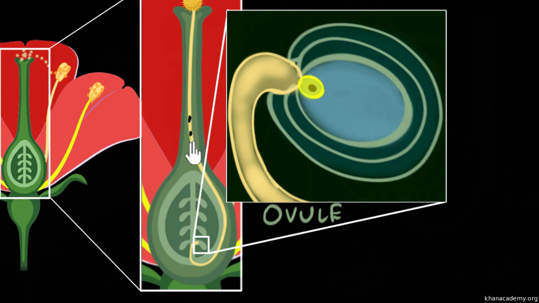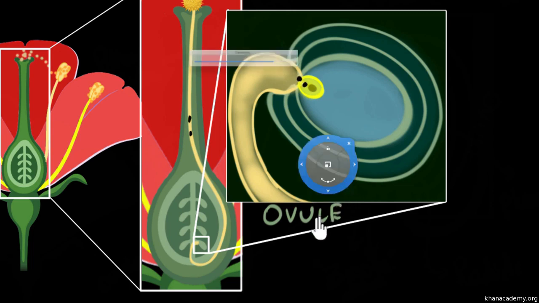And so now from this pollen tube, the sperms are coming in. So let me just draw those sperm cells. So these are the nuclei of the sperms. They will move, and eventually the pollen tube guides them into the ovule. Now what happens? Well, one of the sperms will unite with the egg cell.